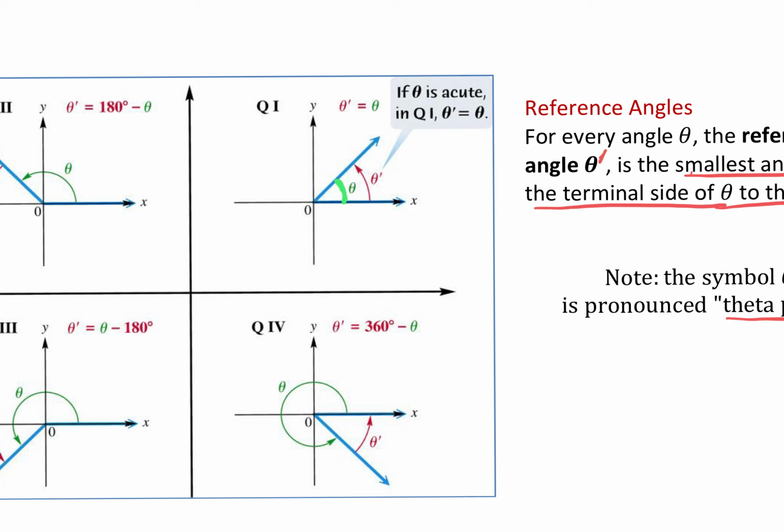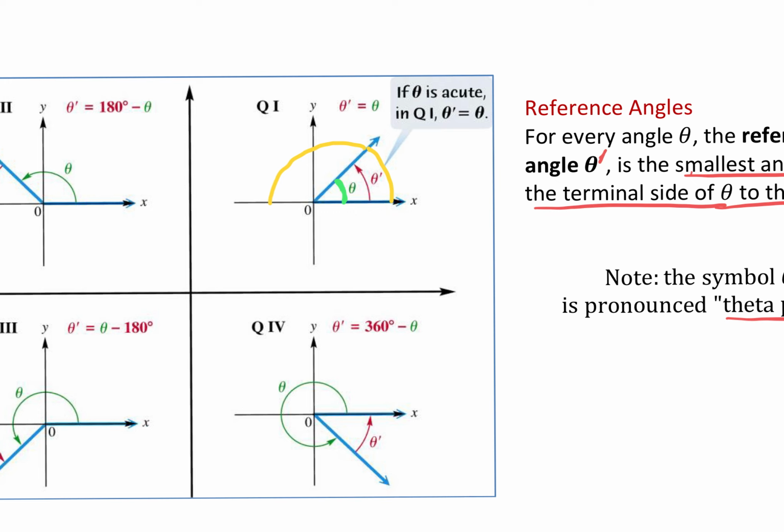I can look at this distance in quadrant 1, or imagine that if I kept going around, I can also get to the x-axis. So it's not the positive x-axis, which is usually what we talk about, it's the whole x-axis. We're taking that terminal side ray and forming two angles. One will go right, the other left, and whichever one is smallest will be the reference angle.